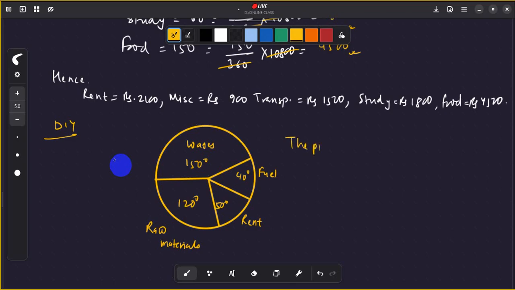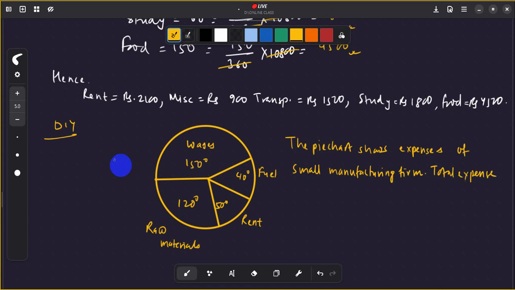Now the question is: the pie chart shows the expenses of a small manufacturing firm. Total expense is 144,000 in a month.